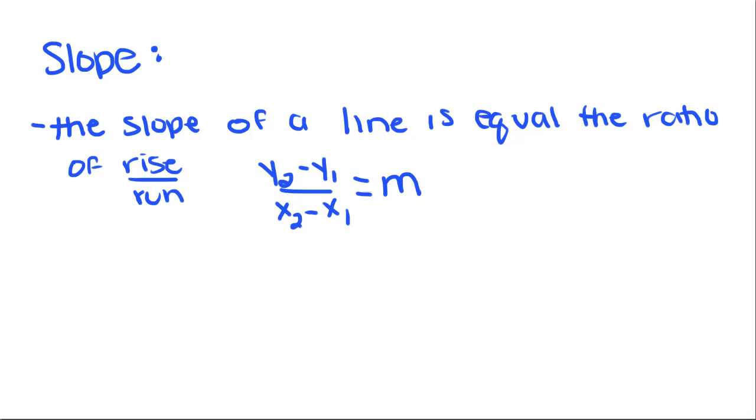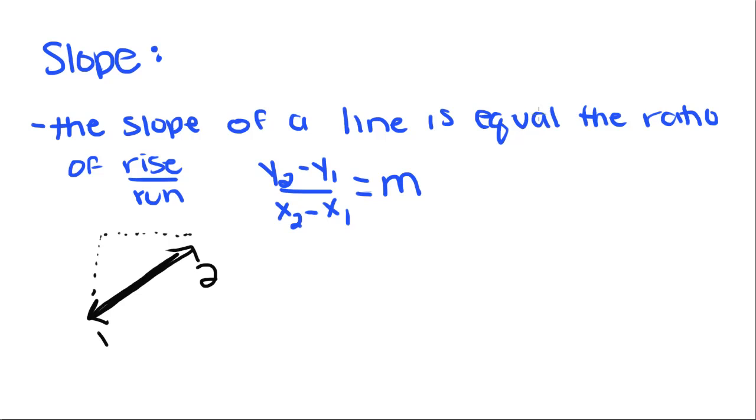So today our focus is on slope, and the slope of a line is equal to the ratio of rise over run. So if I have this line right here, and this is 0, 1 and this is 0, 2, how high does it go, and then how far over does it go?